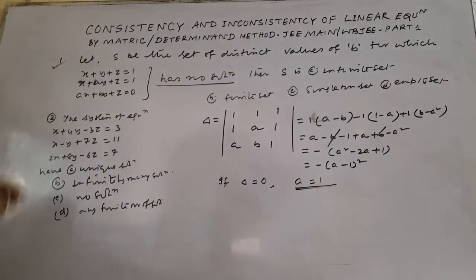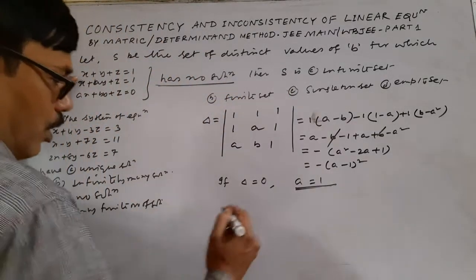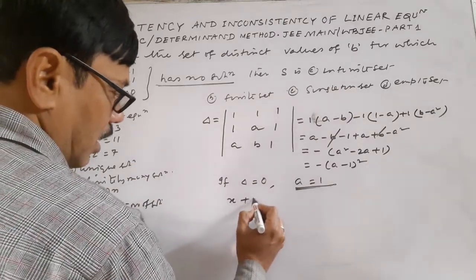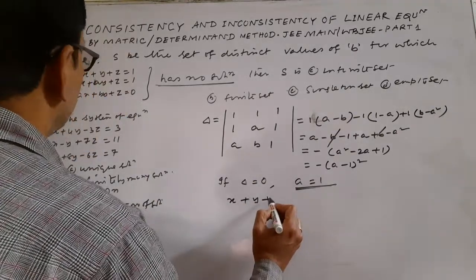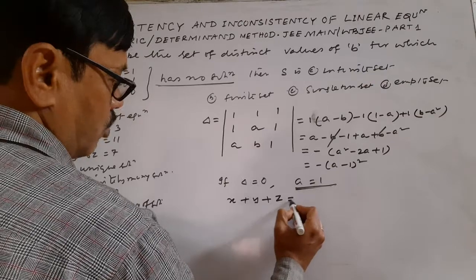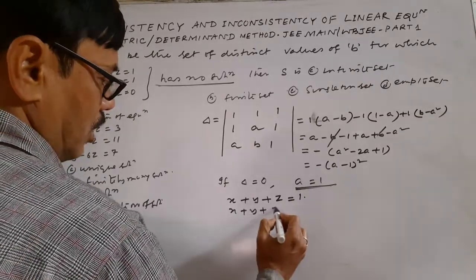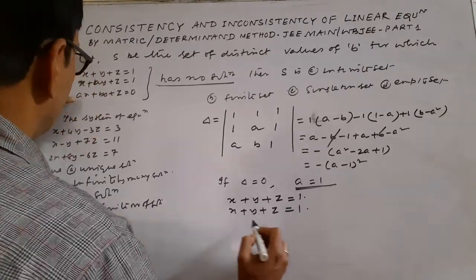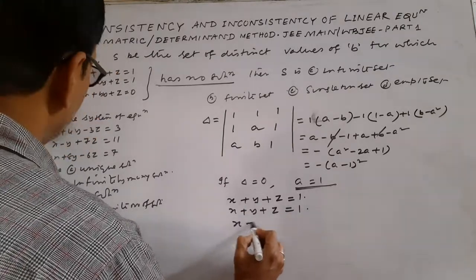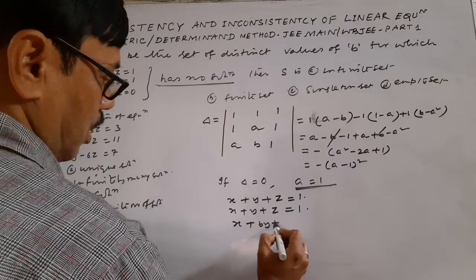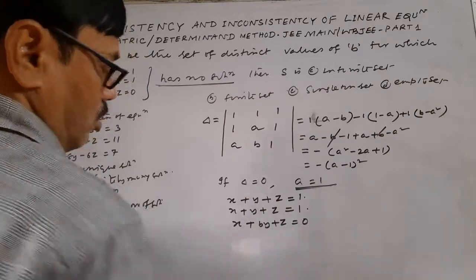So if A equals 1, what are we getting? x plus y plus z equals 1, x plus y plus z equals 1, and x plus by plus z equals 0.